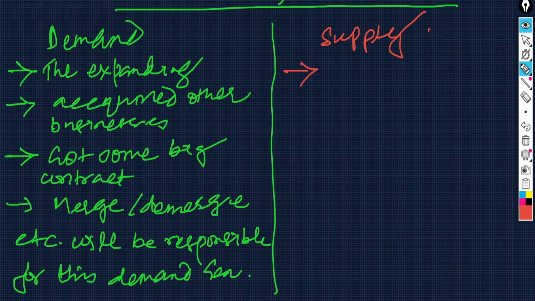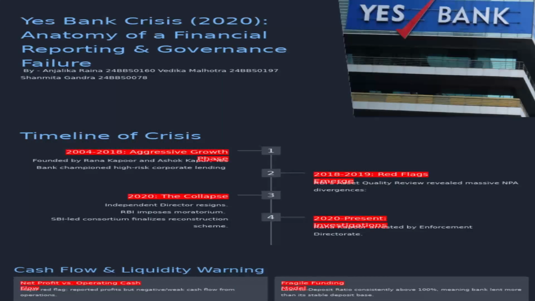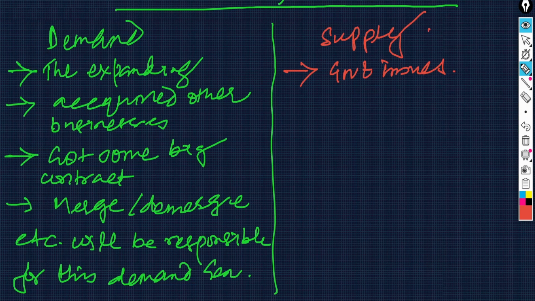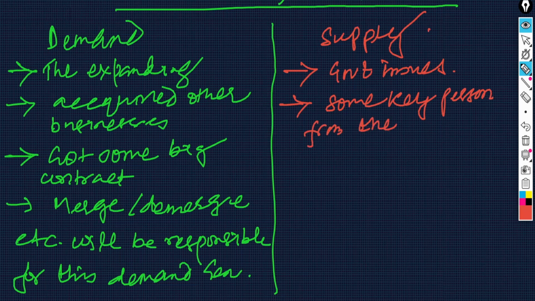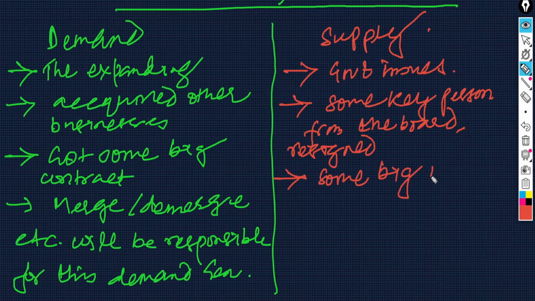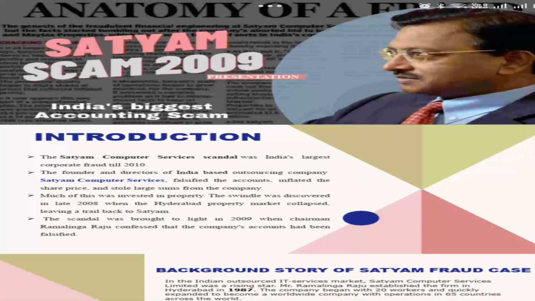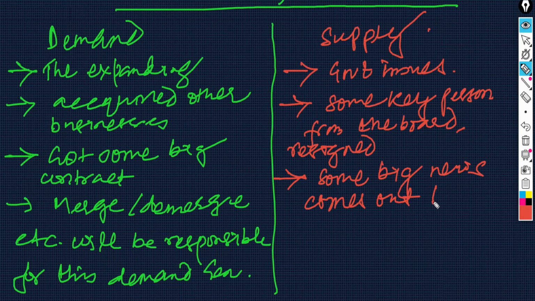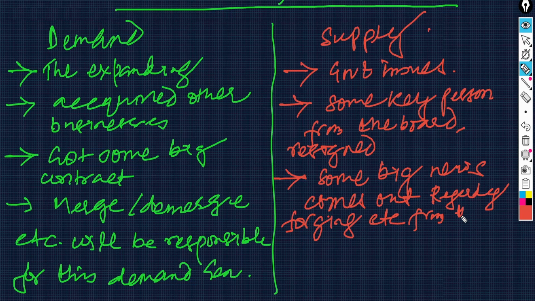And what are the factors which may contribute to supply generation? Suppose overnight there is news of some governance issues in the company, or some key person from the board resigned, or some big news comes out regarding forging, etc. from the company.